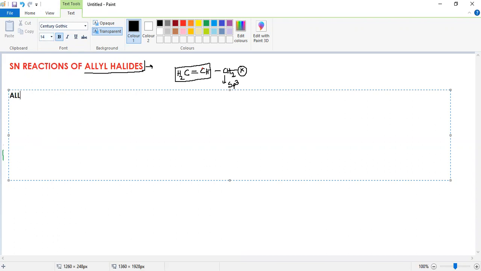So allyl halides give what? Both unimolecular, that means SN1, and SN2 reactions. Clear? Allyl halides give both SN1 as well as SN2 reactions. So first let us know about SN1 reactions.